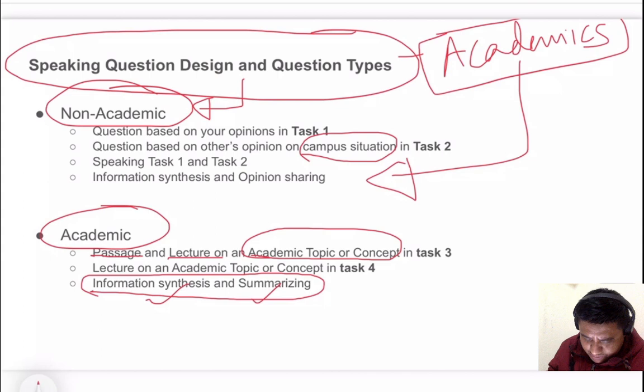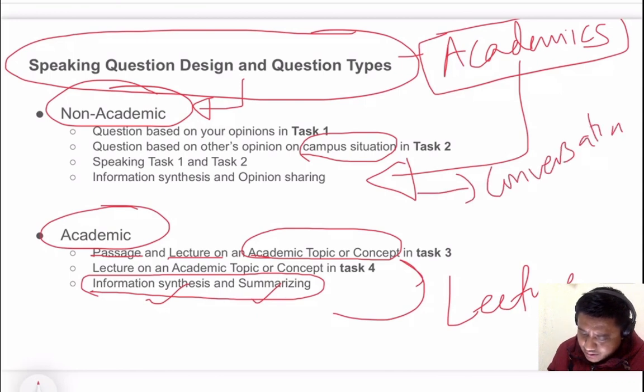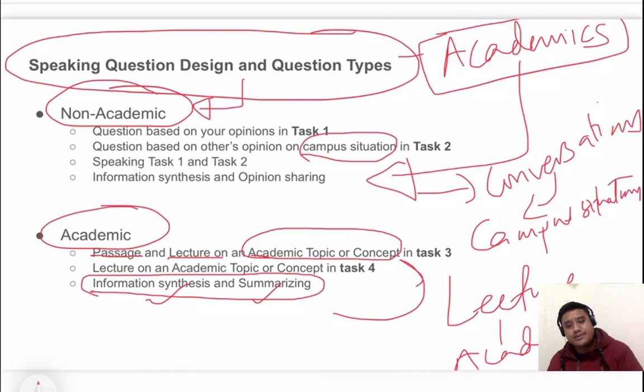So here with academic we usually deal with a lecture, and with non-academic we usually deal with conversations. The lecture is on an academic topic, and the conversation is on a campus situation.